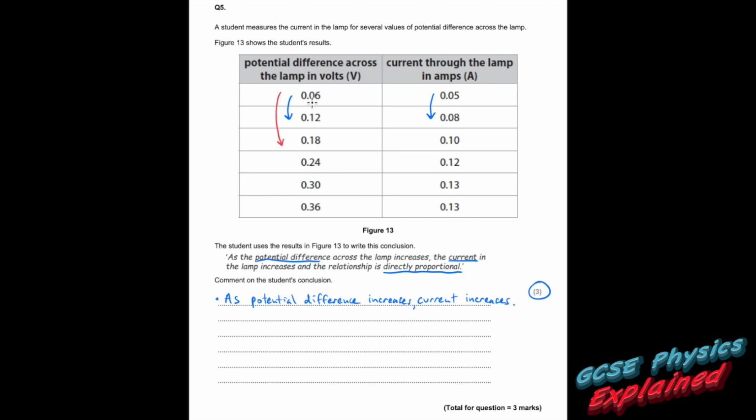So 0.06 trebles to 0.18. Once again, very conveniently. So you'll start to see these patterns. That's all that an expert is. It's someone that's practiced something enough that they can spot patterns that other people, non-experts, can't spot. So that treble. Did this treble? Nowhere near it. 0.05 should have trebled to 0.15. So it is not directly proportional.